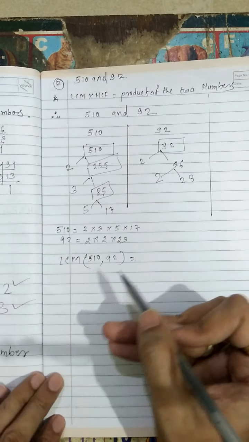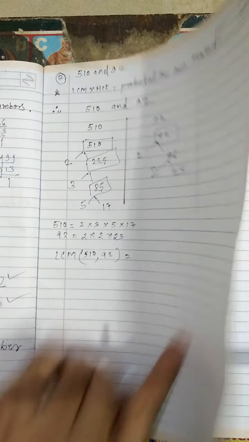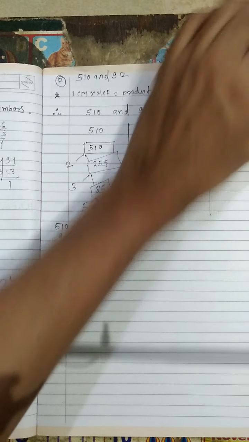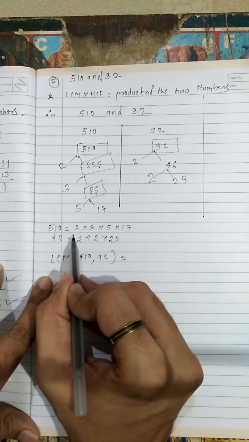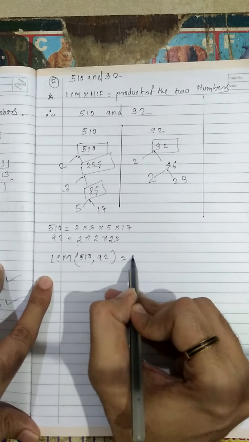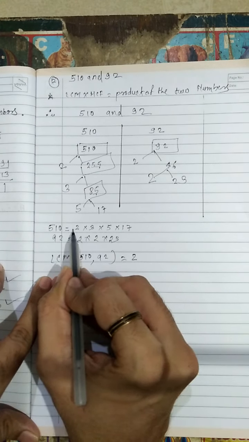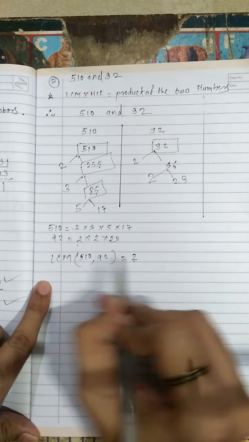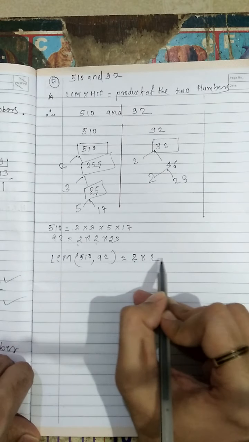See, all the numbers I am writing here. First I am writing 2. Then 2 here, 2 here, so I write this 2.